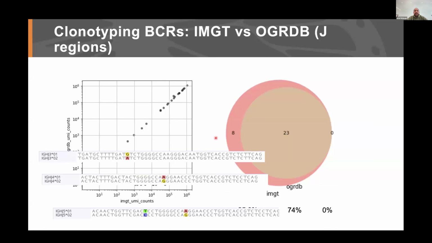And in fact, what we see is that, as we expected, these are just single mutations, in some cases maybe double. So these are very, very similar genes that in case of IMGT, for example, for each of these 3 groups that I'm showing, we have both alleles in the database, whereas in OGRDB, we have only one of them.